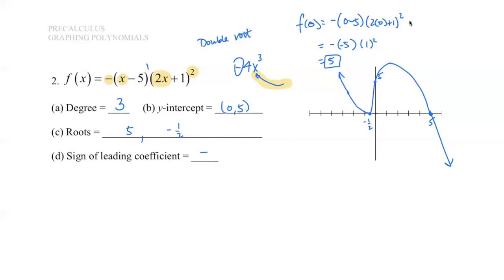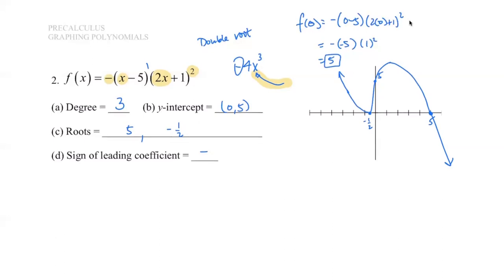Okay, and since it's an odd degree, the starting and the ending positions will be the opposite. So if it starts high, it will end low if the degree is odd, because that's what odd degree functions do.